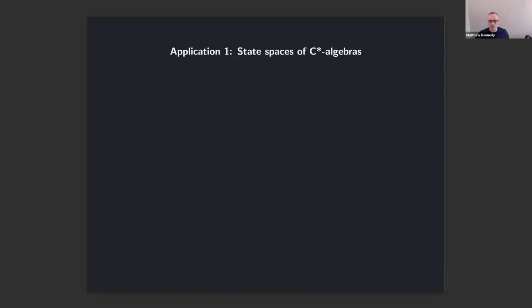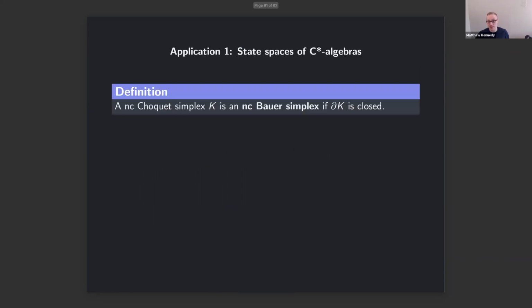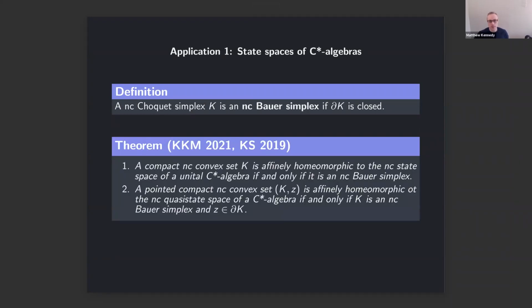Okay. So now I'm going to finish up with some applications. The first application is a characterization of the state space, or quasi-state space in the non-unital case, of a C-star algebra. First of all, we say that an NC Choquet simplex is Bauer, just like we do in the classical setting, if the set of extreme points is closed. And we were able to show that in the unital case, K is the NC state space of a unital C-star algebra if and only if it's an NC Bauer simplex.